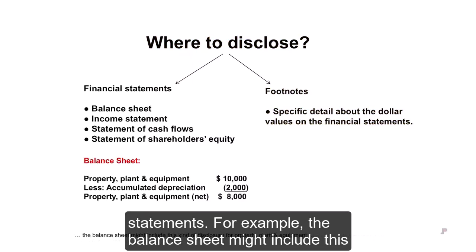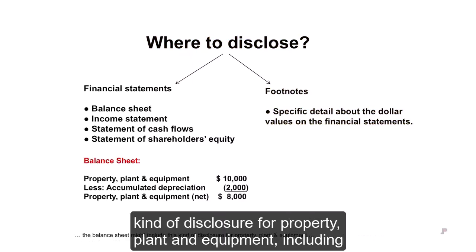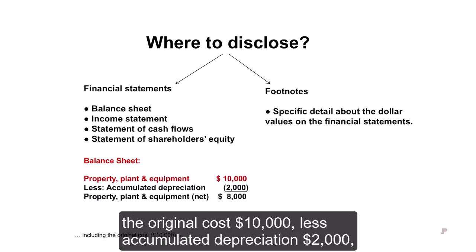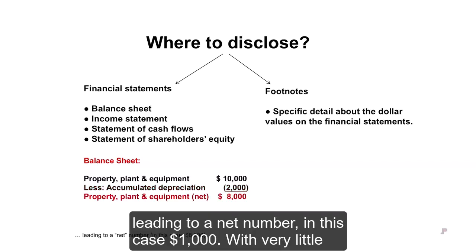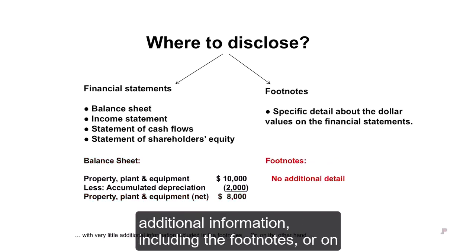For example, the balance sheet might include this kind of disclosure for property, plant, and equipment, including the original cost, $10,000, less accumulated depreciation, $2,000, leading to a net number, in this case, $8,000, with very little additional information included in the footnotes.